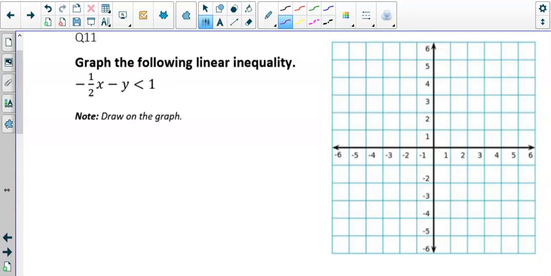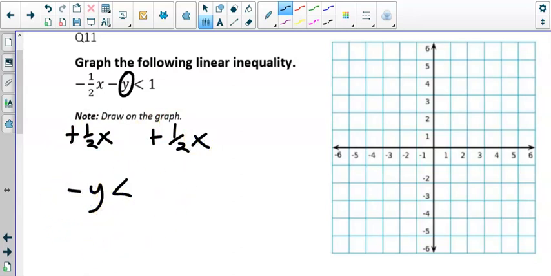So the first thing we want to do on this is get this Y by itself. So what do we do first then? Absolutely. Take this negative 1/2 x, as you said, and add it to the other side. Plus 1/2 x plus 1/2 x. So you have negative y less than, and you can say 1/2 x plus 1, or you can say 1 plus 1/2 x. It's your call.